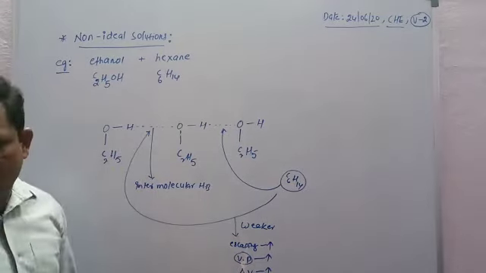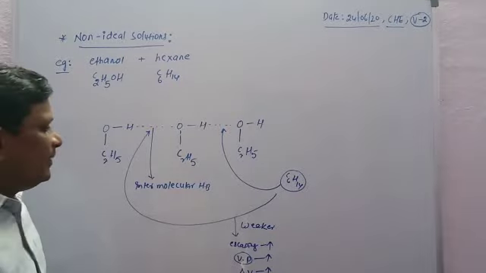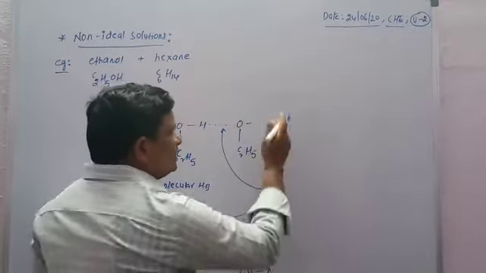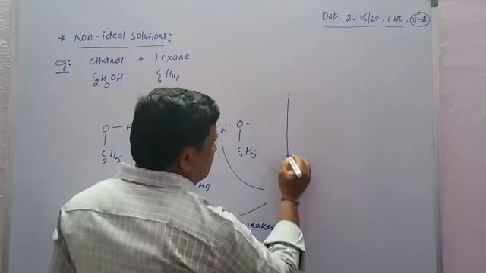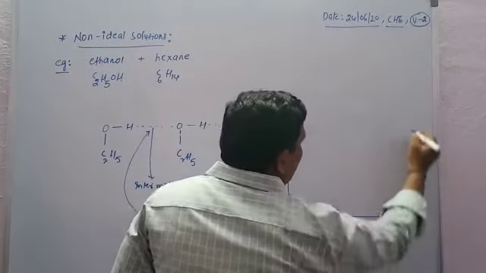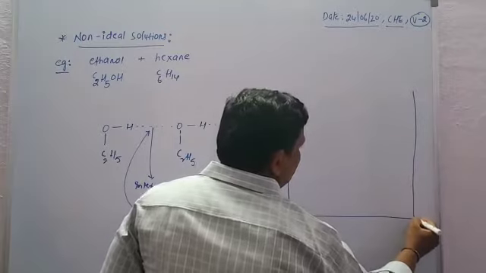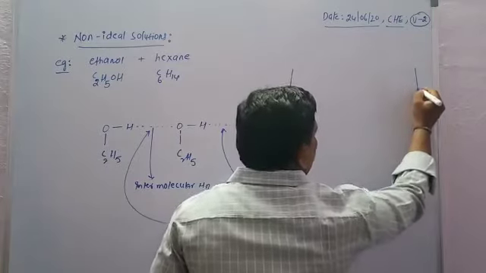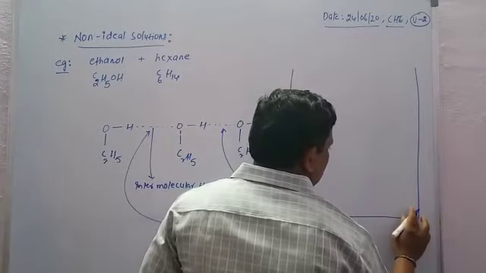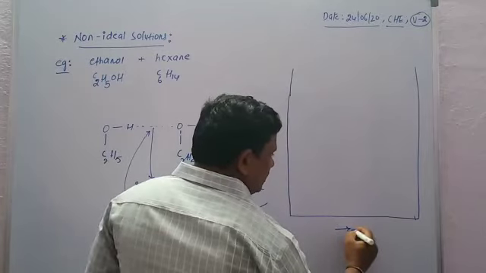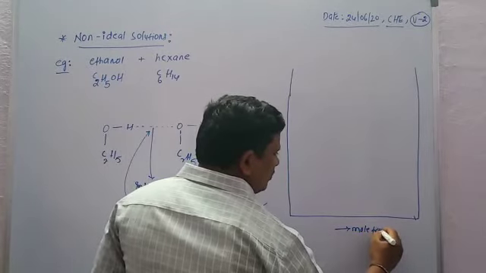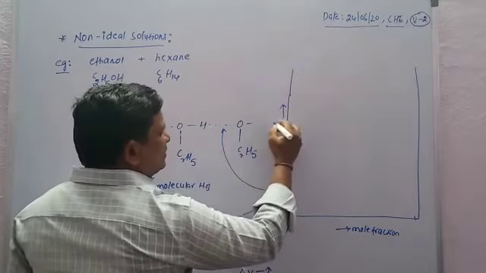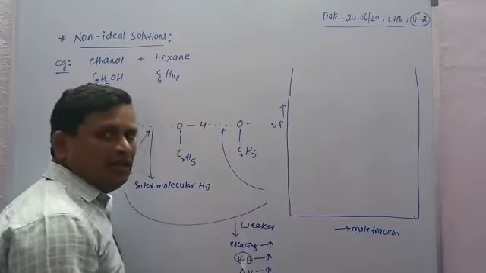Now this positive deviation is explained with the help of a graph. A graph is drawn between vapor pressure and mole fraction. Mole fractions are taken on the x-axis and vapor pressures are taken on the y-axis.